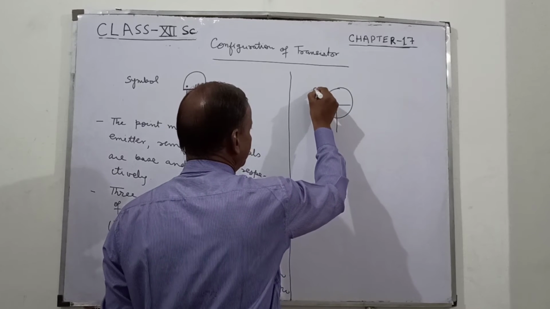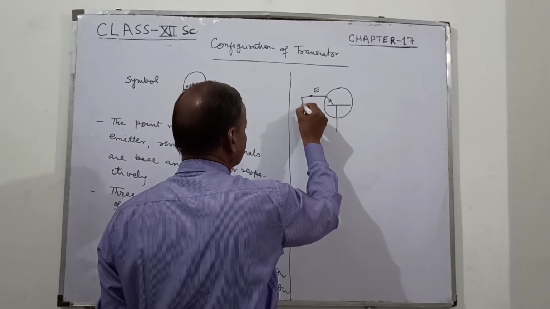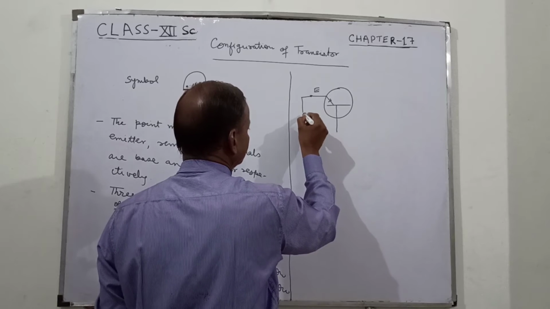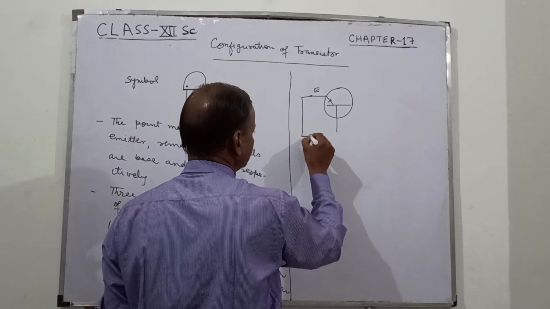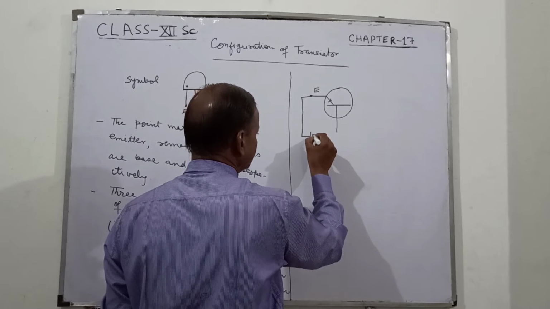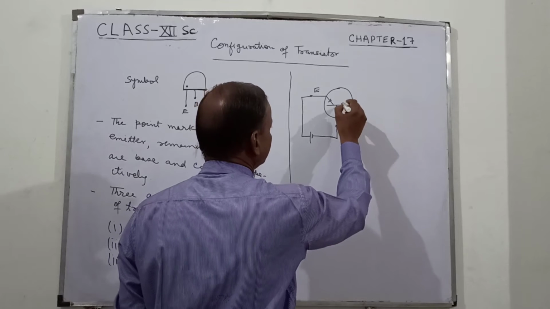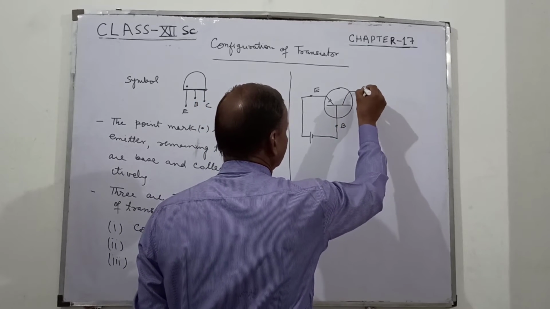This is emitter. This is base. This is collector.